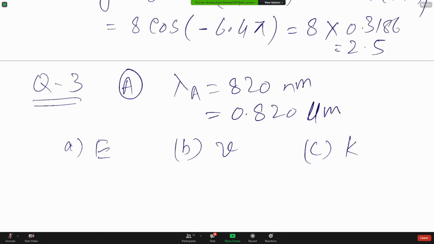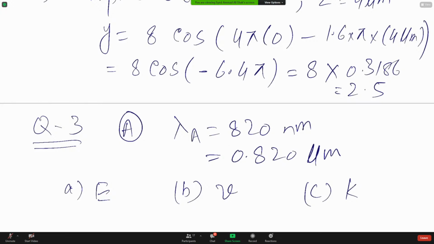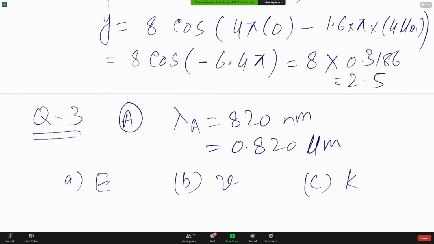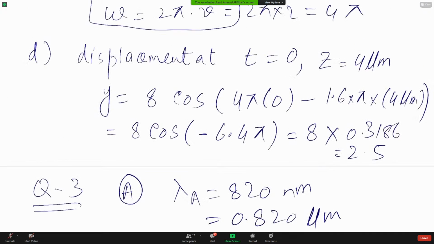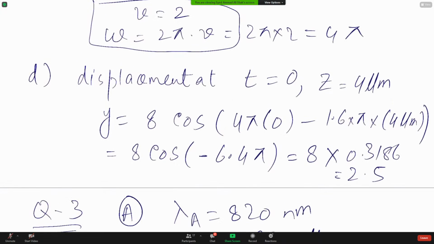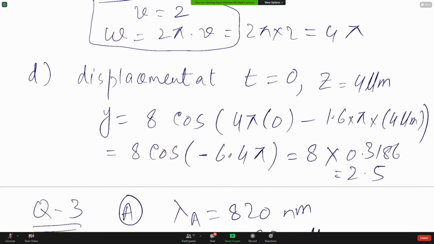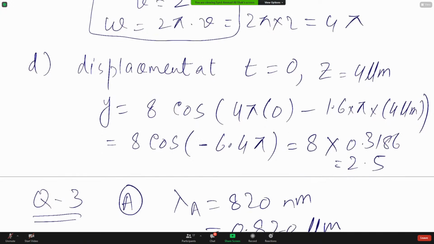Can you just scroll a bit up or scroll down a bit? Up or down? This? Yes, it's good now. You can scroll back.